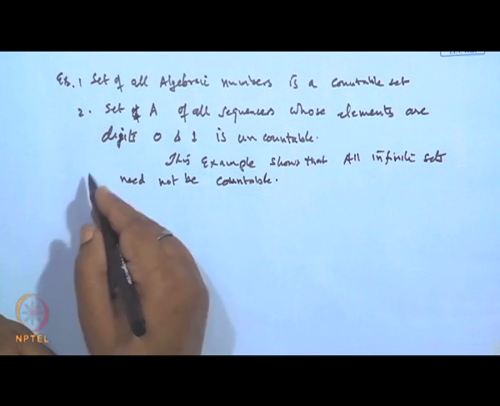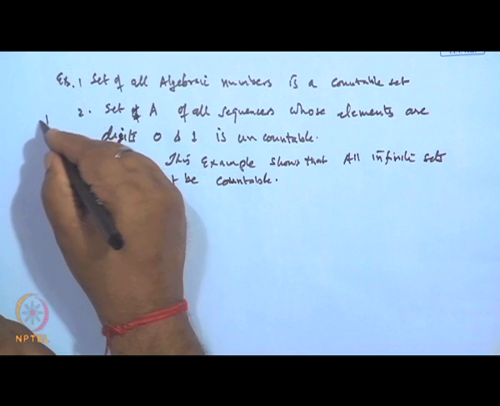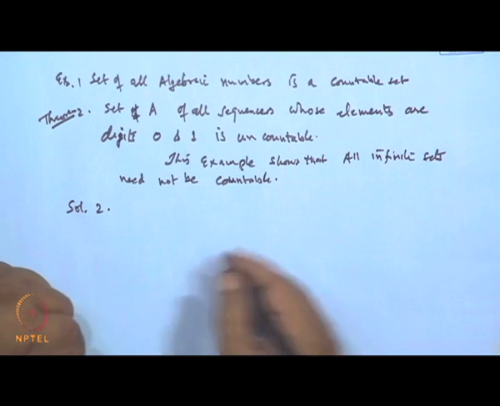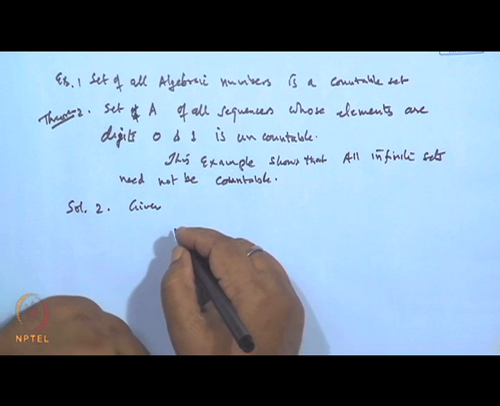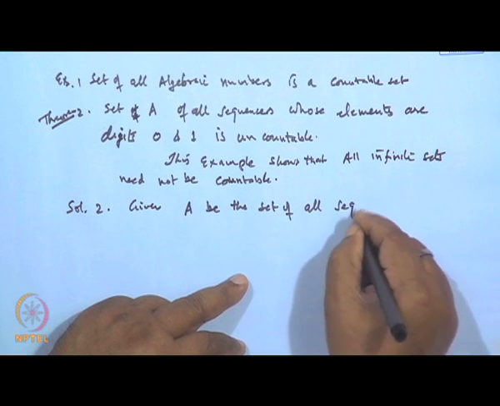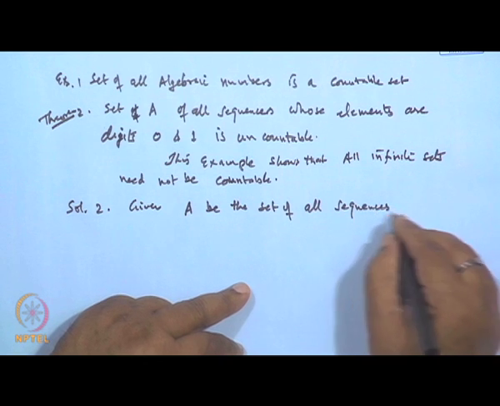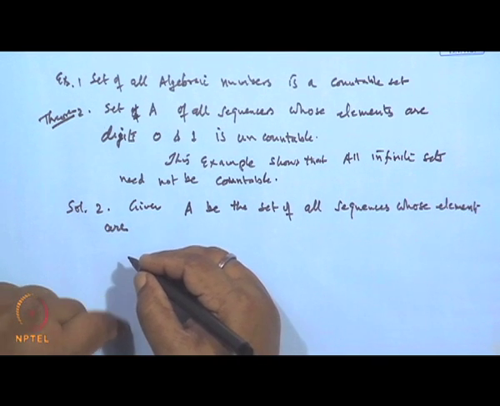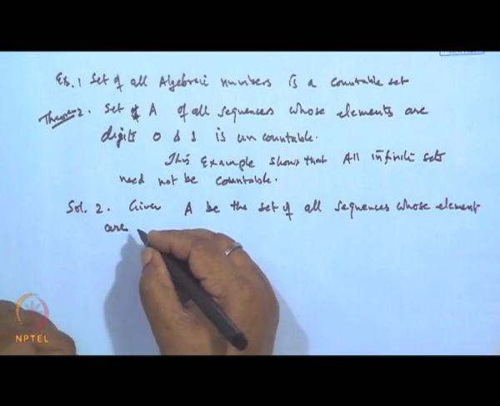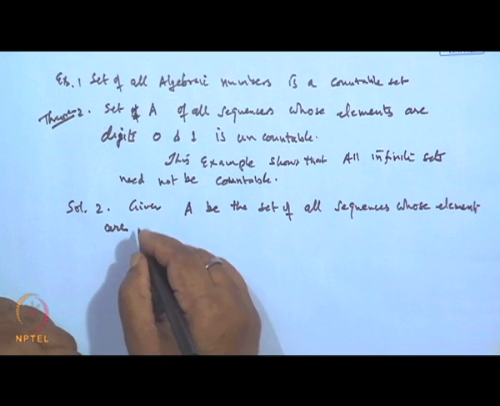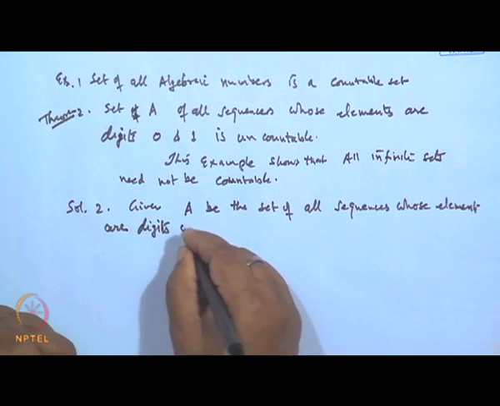All this you can also state in the form of a theorem. Let A be the set of all sequences whose elements are the digits 0 or 1.